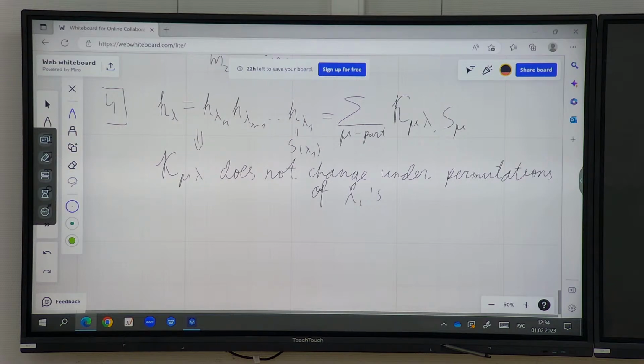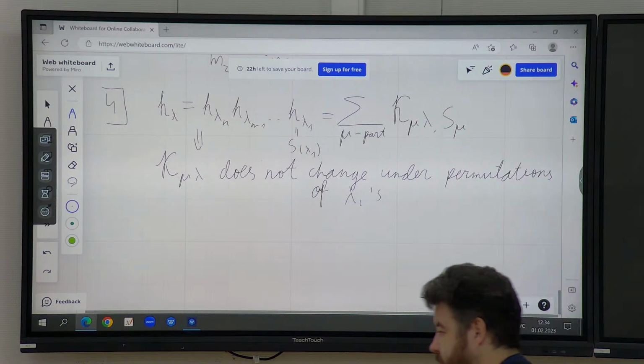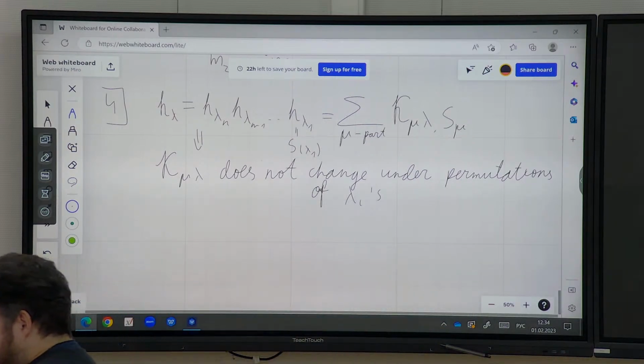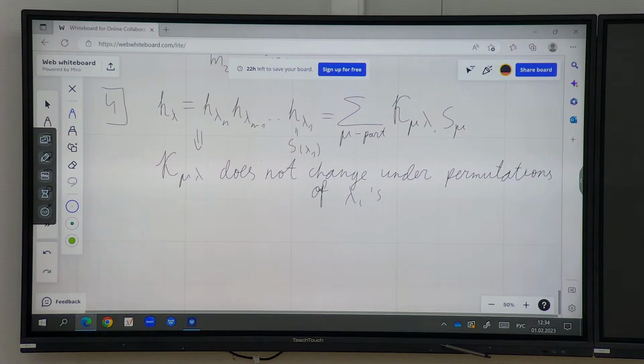Когда мы умножаем на ашки, мы добавляем в разные столбцы. Мы умножаем таблицу Юнга на стрелку. Да, как бы мы туда ее надеваем. Нет, столбец, кажется.